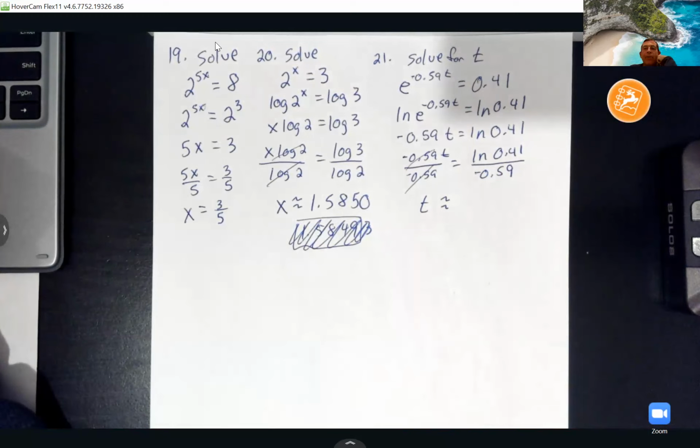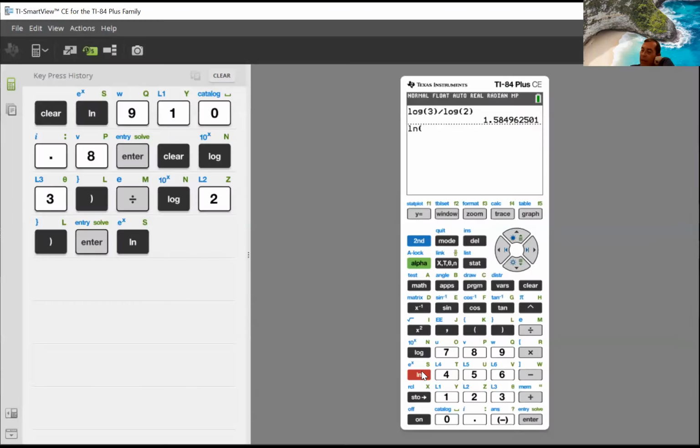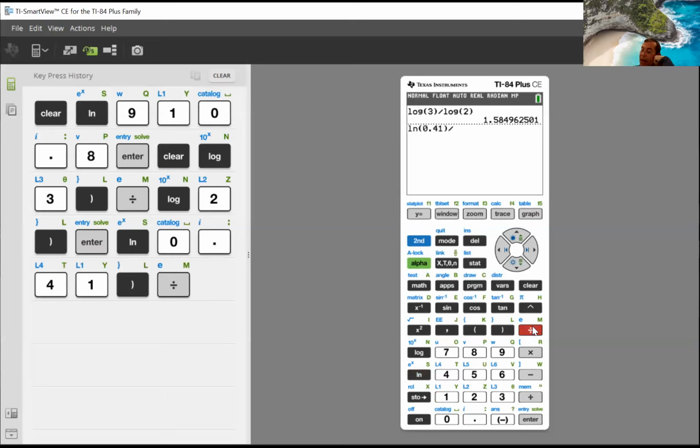So let me punch it in and we'll see how you round it. So my ln of what? 0.41. Close those parentheses. Divide that by a negative 0.59.